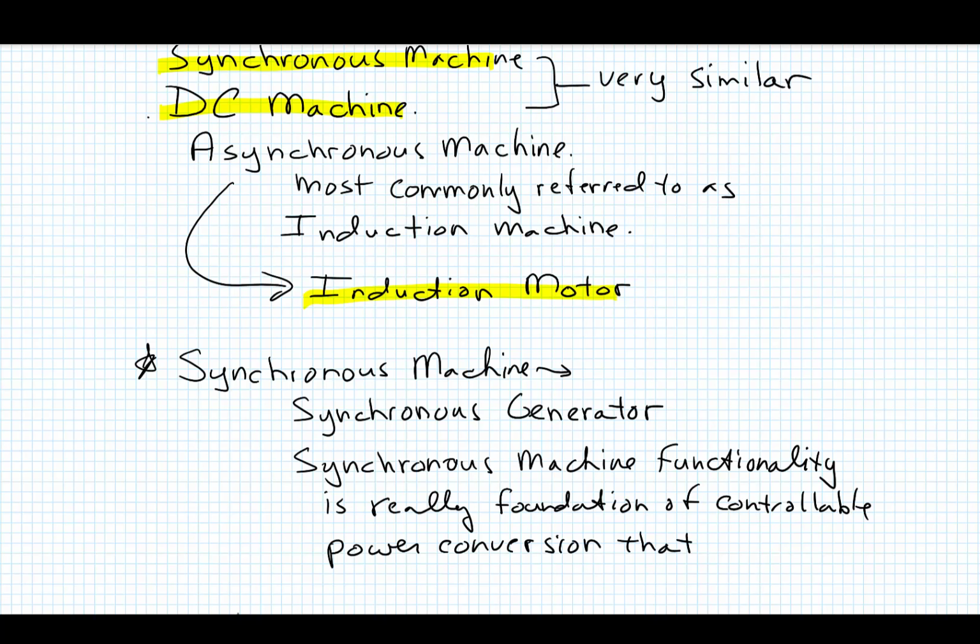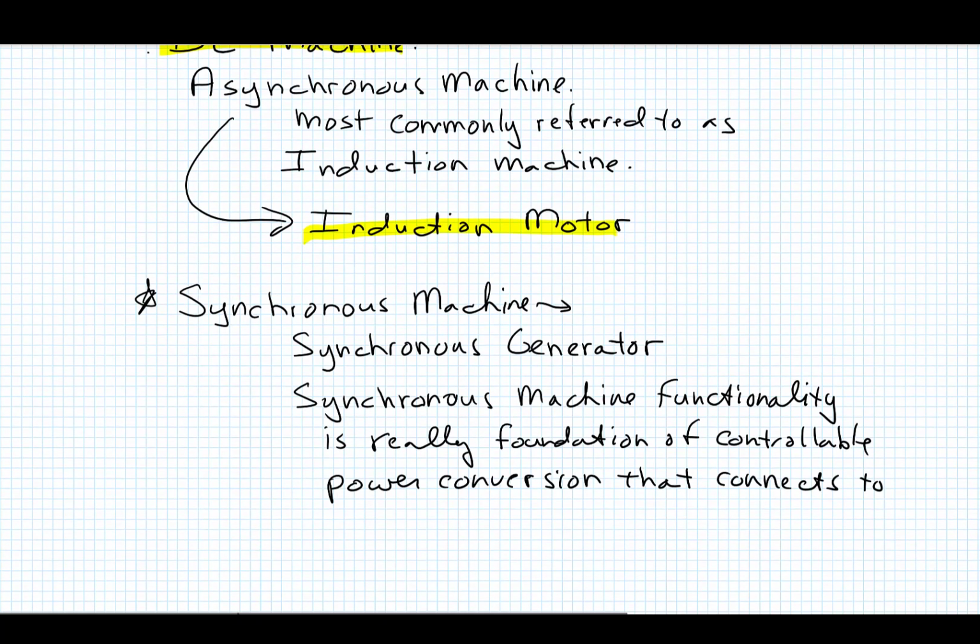that connects to a three-phase grid. Essentially, that's what our electrical grid is. And so a lot of the concepts associated with synchronous machines need to be understood in order to understand, for example, how renewable generation occurs from wind power, and how to control power flow using power electronics when you're interfacing with a grid.